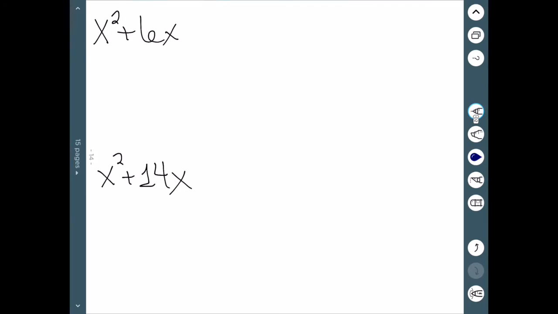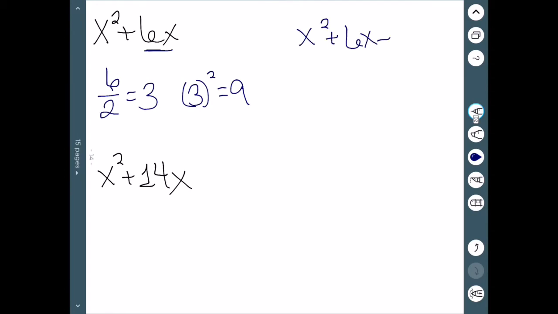x squared plus 6x. So we start by looking at the coefficient of x. We divide by 2, which gives us 3, and then we square the result, which is 9. So I'm going to want to add 9 to complete the square. And when I do, this becomes x plus 3 squared.